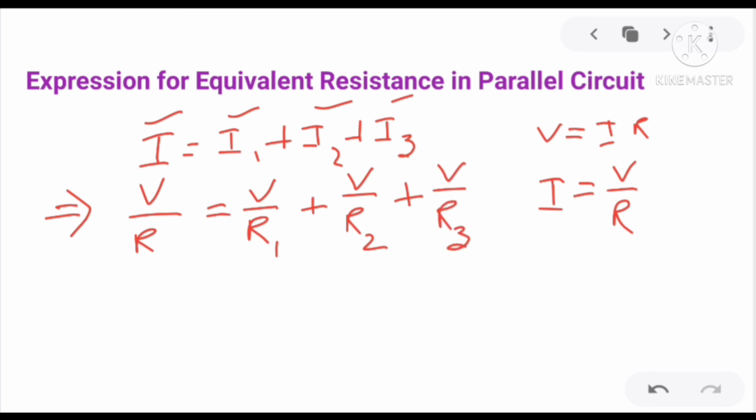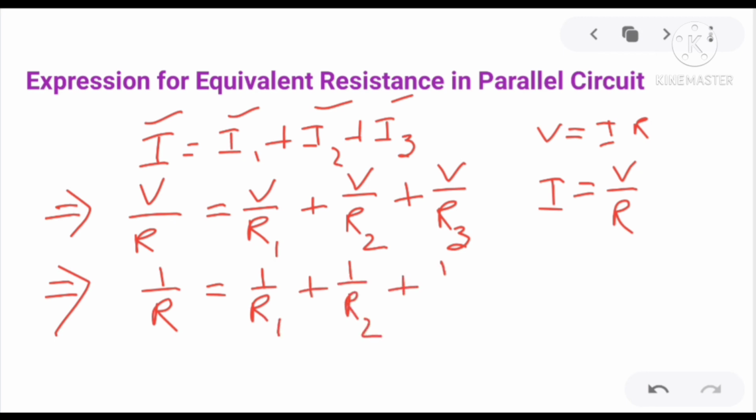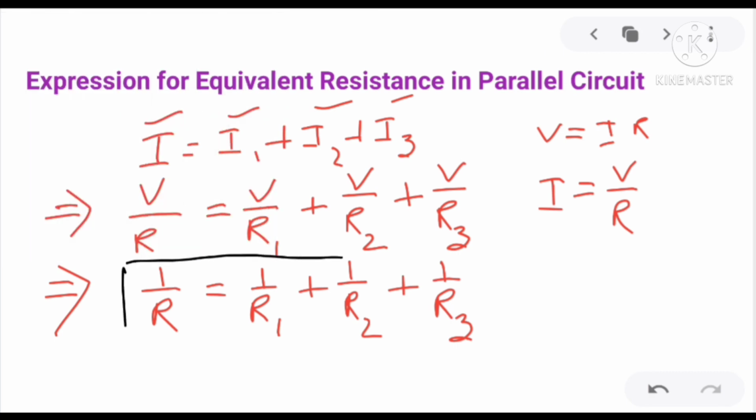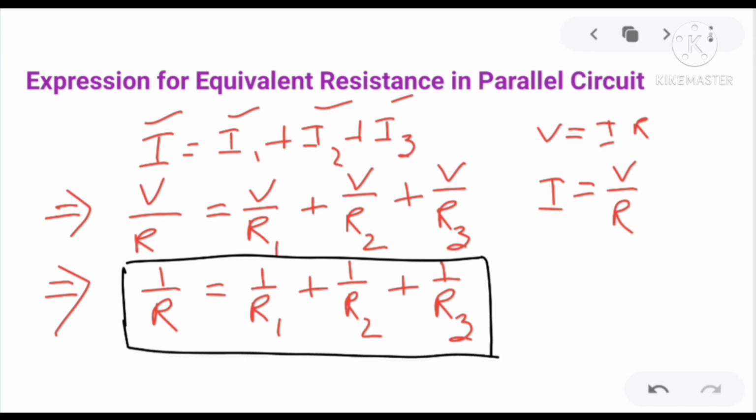So in R1, I1 current is there, in R2, I2 current is there, in R3, I3 current is there. Cancelling V, what we get is 1 by R equal to 1 by R1 plus 1 by R2 plus 1 by R3. This is a very important relationship we get. The reciprocal of the total resistance is equal to the sum of the reciprocals of the individual resistances.